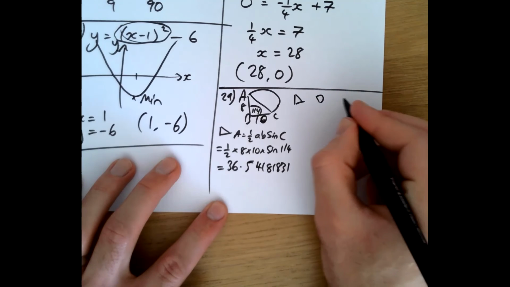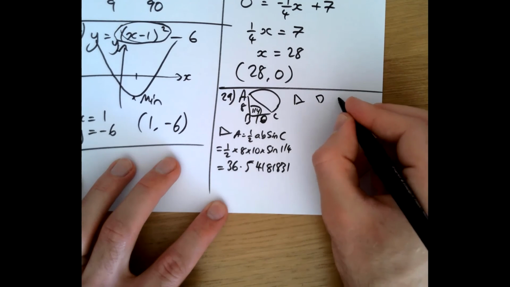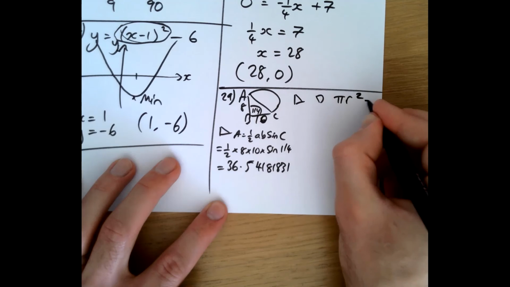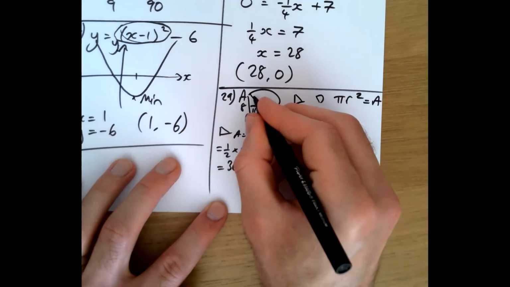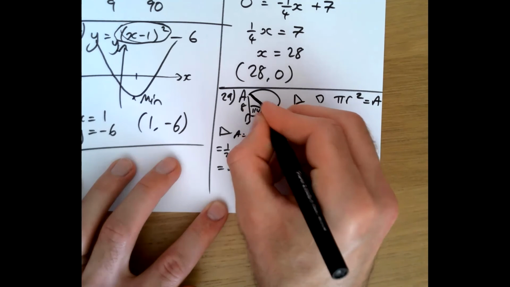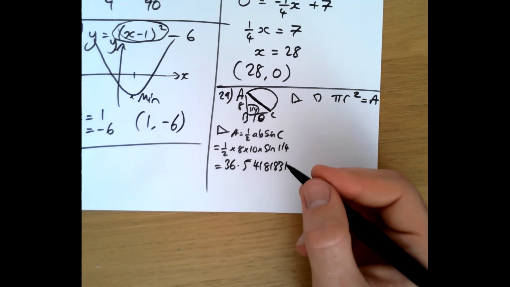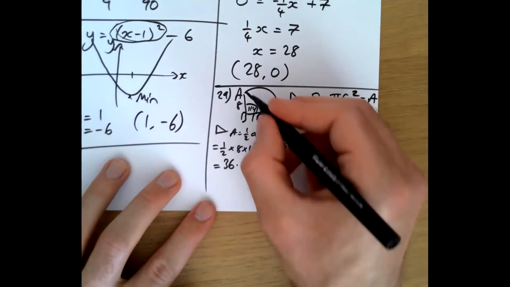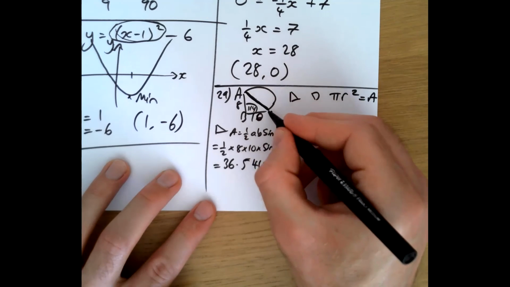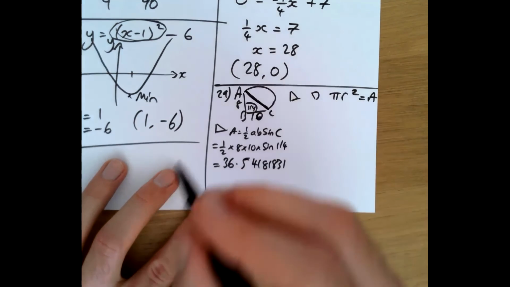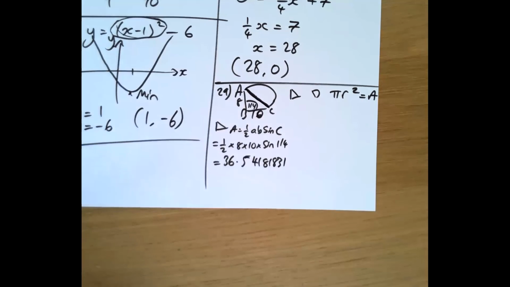Now, to work out the area of a circle, we need pi r squared. But I don't know what this length is in this circle. So I'm going to have to use the cosine rule to work out what the length of this diameter is. Now, if you don't know how I knew that I should use the cosine rule, check out my video.